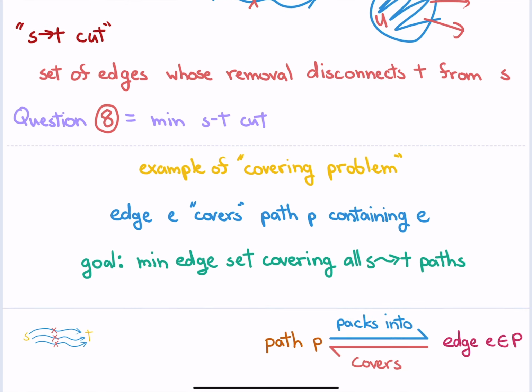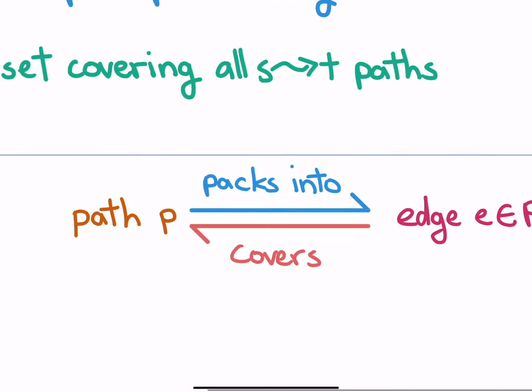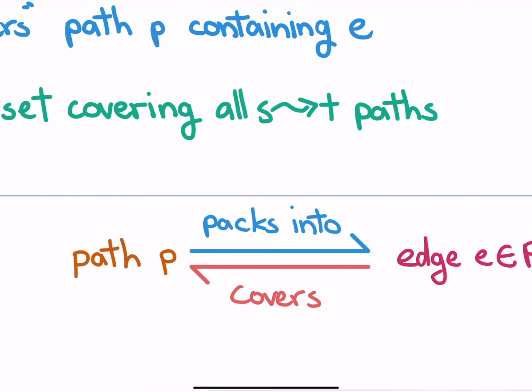Okay, so we have an example of what's sometimes called duality: packing and covering duality. In the path packing problem, I'm packing paths into edges.